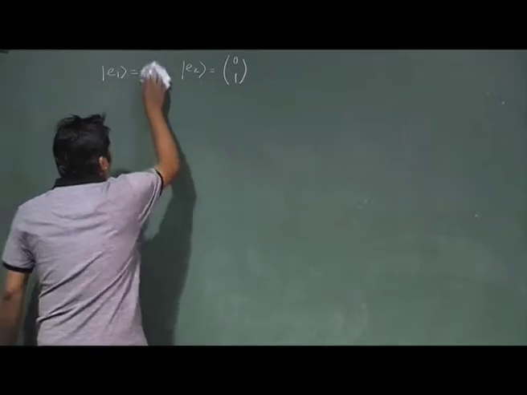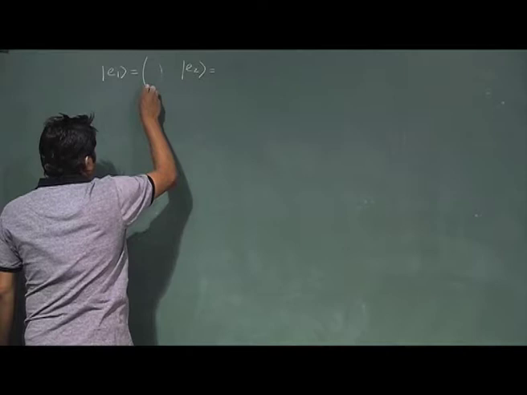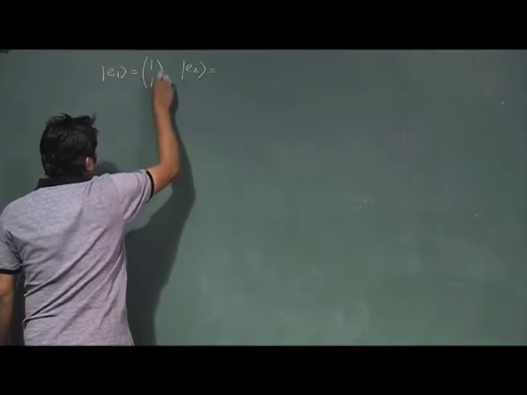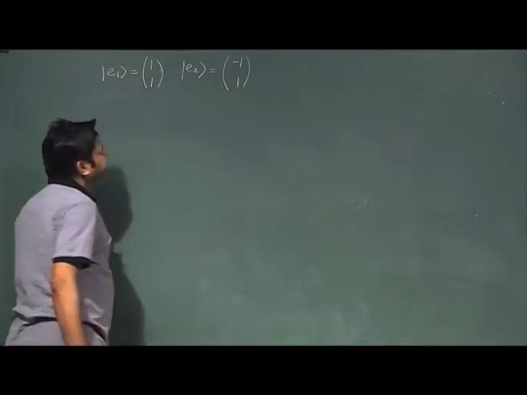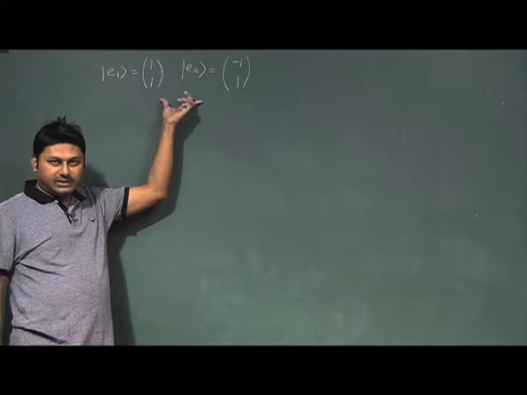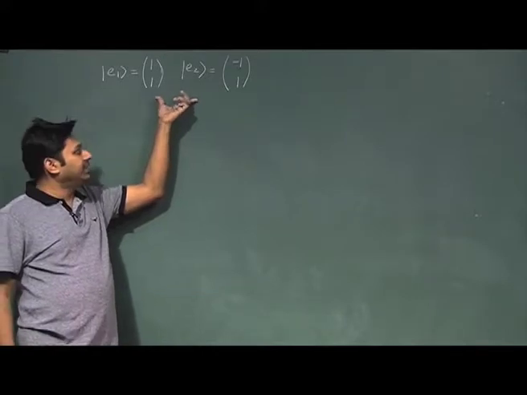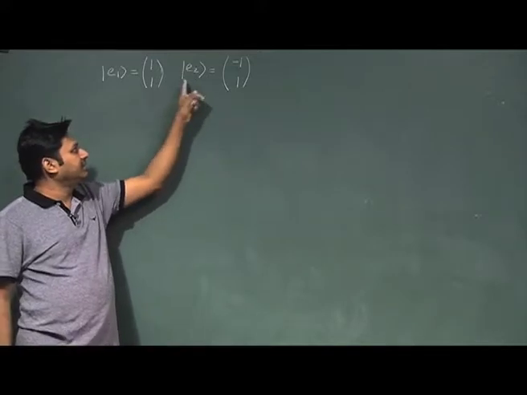So now I am going to change these to some other values, say 1 1 and minus 1 1. This is also a linearly independent set of vectors in R2. Now if they are linearly independent in R2, the question is what is the relationship between E1 and E2.